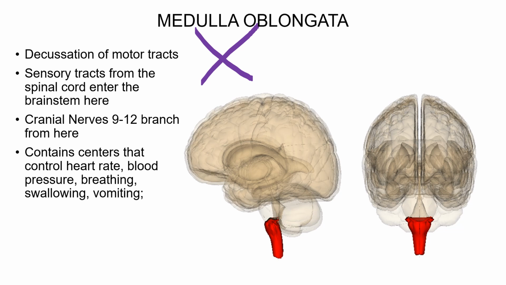So the cerebral medulla was that white matter, that myelinated axon area. What we're looking at here is your right brain and your left brain.